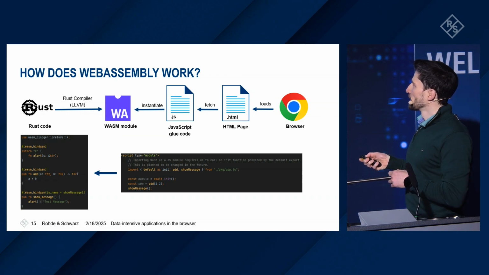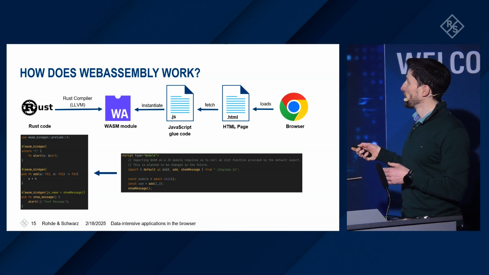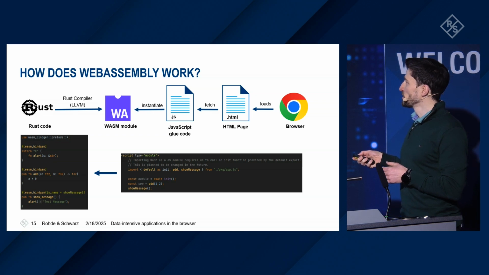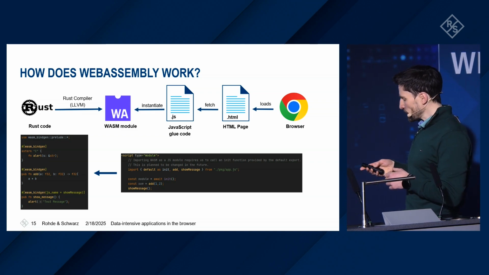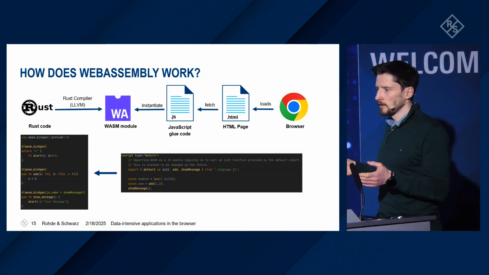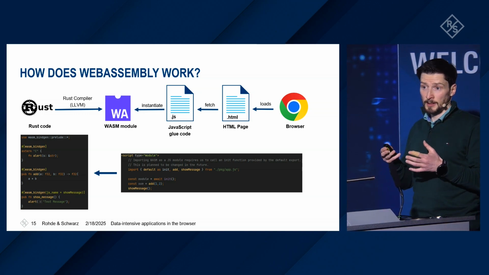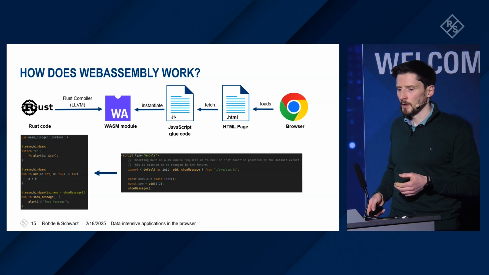You get a ready-built JavaScript file, for example, this app.js file. Then you have to initialize that module, and then you can call all these functions in the WebAssembly module. So if you're using the right crates, it's quite easy to integrate, and it integrates quite well in the web world.